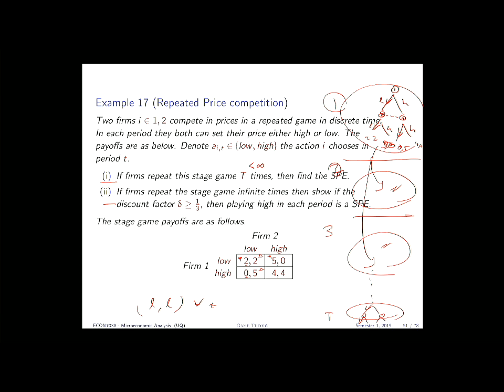You can even write it in words. You can say each firm plays low price at every stage game of the repeated game. Okay? So this is for every t, and t means time. So little t is a subset of capital T. This means that the SPE of this game is playing LL at every period of T.